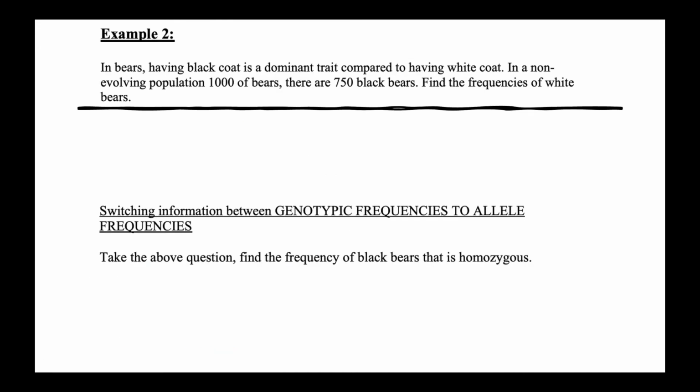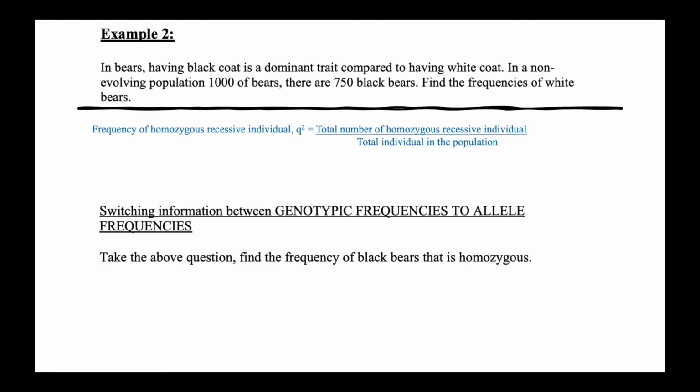Now let's take a look at another example. In bears, having a black coat is a dominant trait compared to having a white coat. In a non-evolving population of 1000 bears, there are 750 black bears. Find the frequency of white bears. We know that white bears must be homozygous recessive individuals.